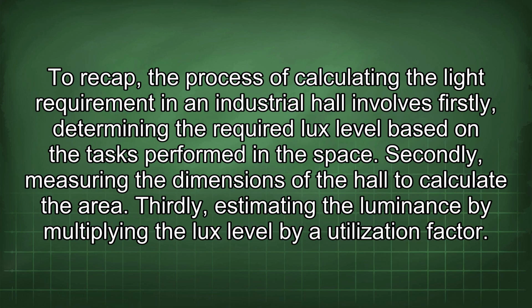To recap, the process of calculating the light requirement in an industrial hall involves firstly determining the required lux level based on the tasks performed in the space. Secondly, measuring the dimensions of the hall to calculate the area. Thirdly, estimating the luminance by multiplying the lux level by a utilization factor.